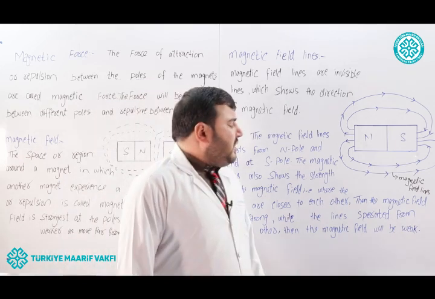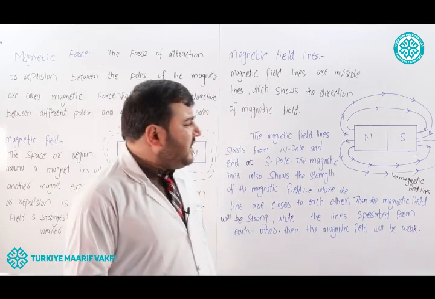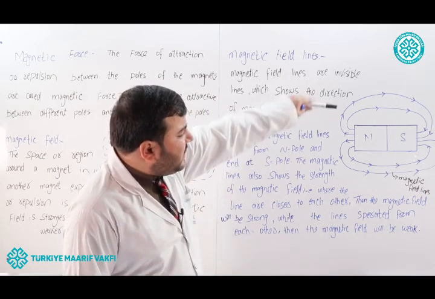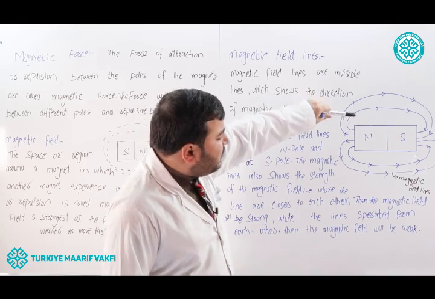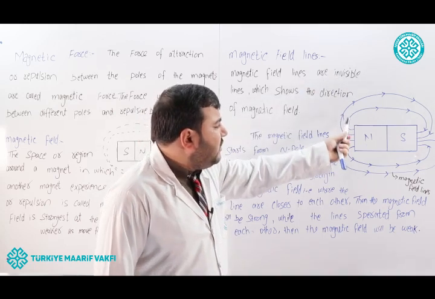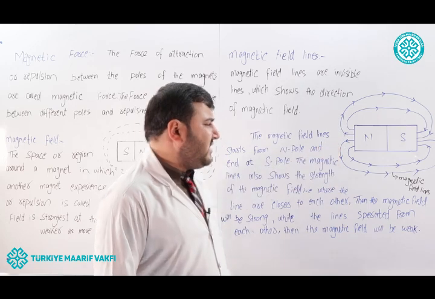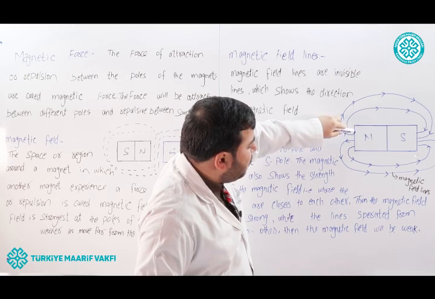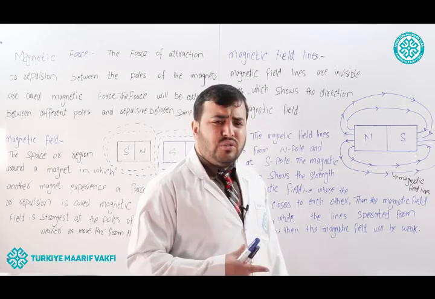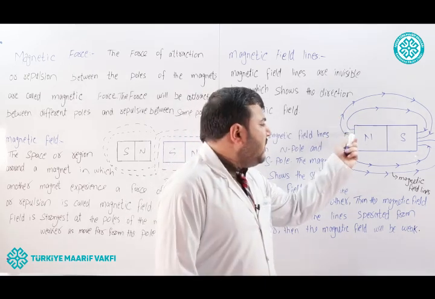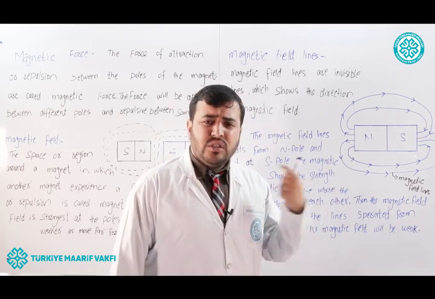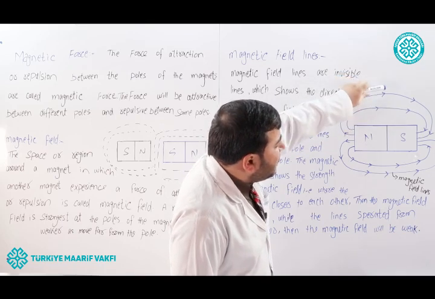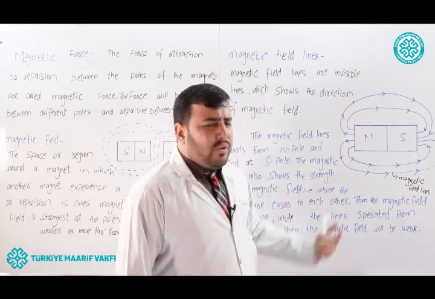And another thing which magnetic field lines show is the strength of the magnetic field. The strength of the magnetic field can be observed with the help of magnetic field lines. Like you can see here, these two magnetic field lines are closer to each other. So here the magnetic field will be stronger, while like here you can see in this figure, these two lines are far away from each other.